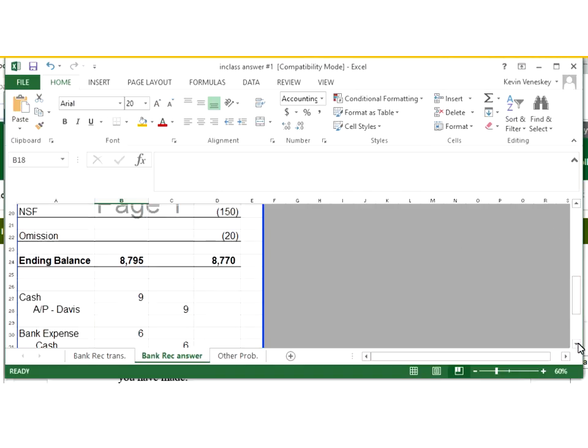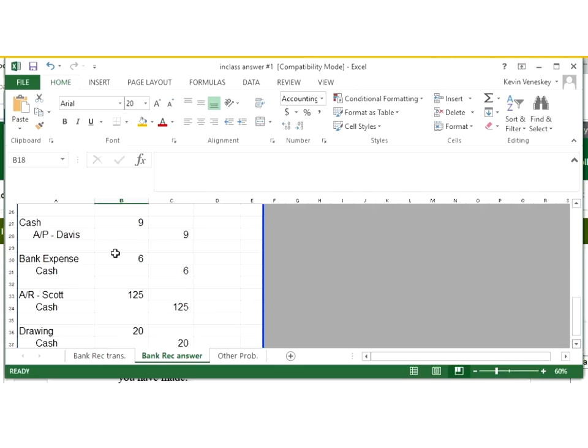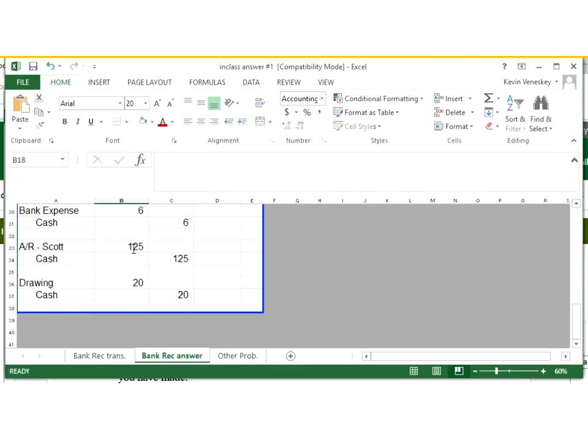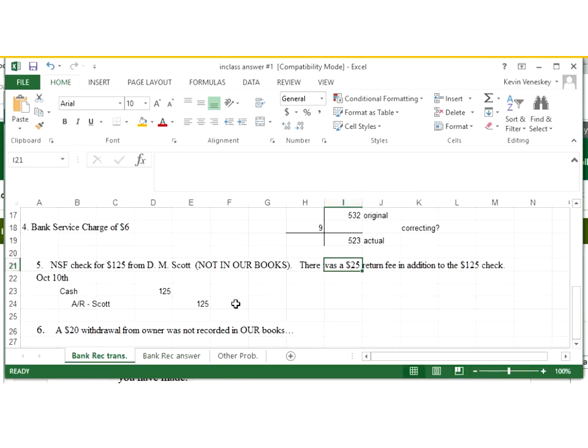And then I need to go down and I need to show that I'm adding back onto Scott's bill $150. And I need to take away from my cash the $150 because I really don't have it. My cash account needs to go down.